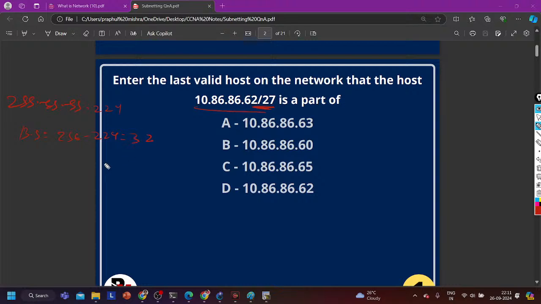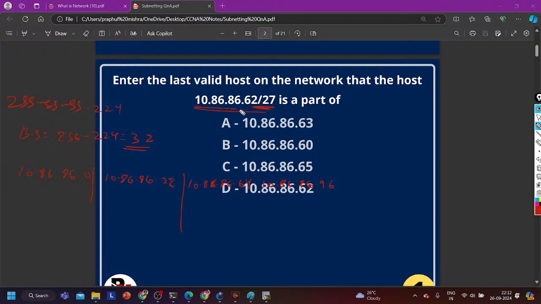What will be the block size? 32. Right? So the first network will be 10.86.86.0. The second network will be 10.86.86.32. The third network will be 10.86.86.64. Then 10.86.86.64 plus 32, 96.